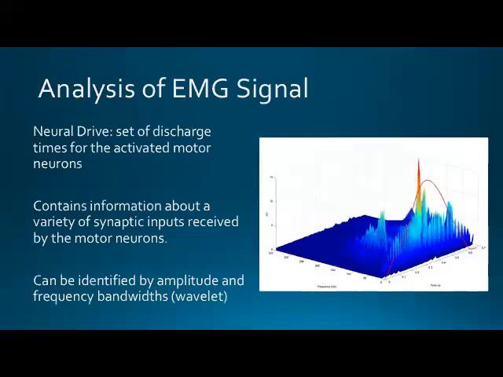This is an example of a type of wavelet analysis. And you can see the different spectrums of neural discharge according to potentially different motor units being picked up, different fibers being picked up across the signal. Similar to if you have a prism and you're shining a light through that prism, you're going to get different bands of color coming out of it.